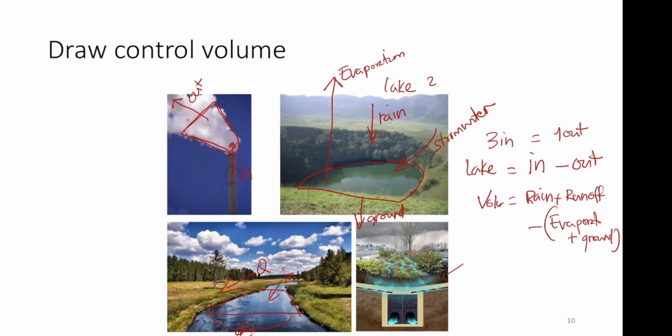When you want to know the concentration of contaminants in the outlet, how much you're discharging, you have to create a boundary. So you can create a boundary like this. Okay, so this is out. Coming in will be stormwater and rainwater. So this is in, this is in. So I have two in.